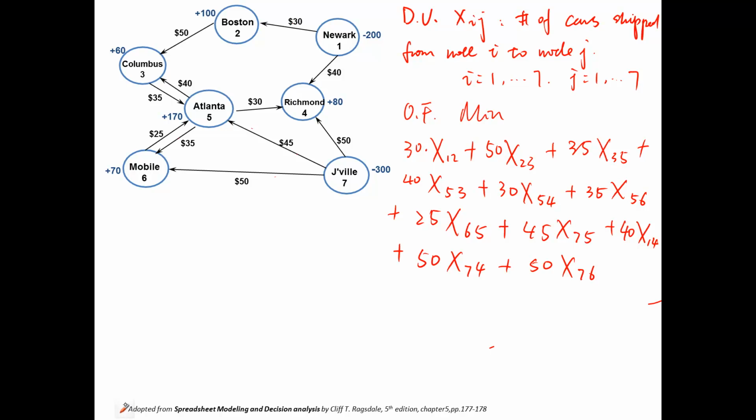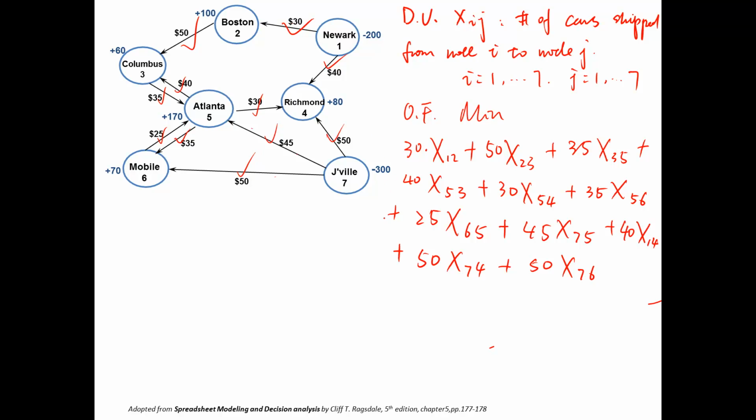Okay, let's check again. 30 x12, 50 x23, 35, 3 5, 40, 30, 35, 25, 45, 40. Okay, maybe I counted one more. Yeah, I think we covered all of them.